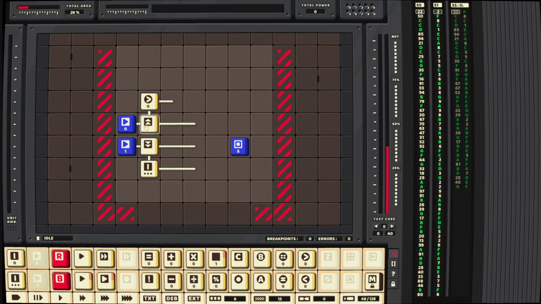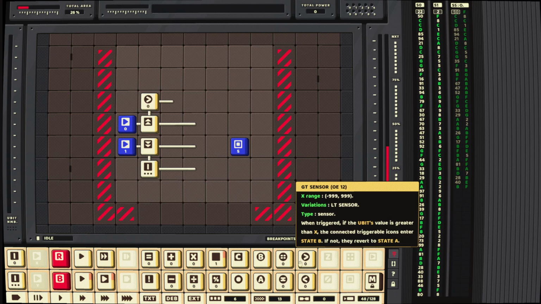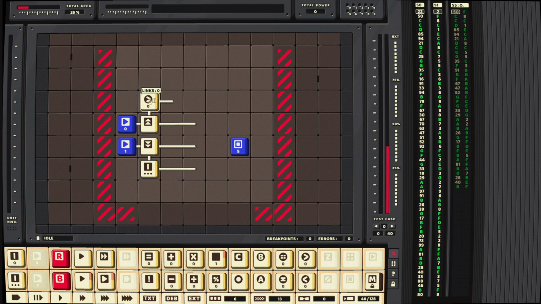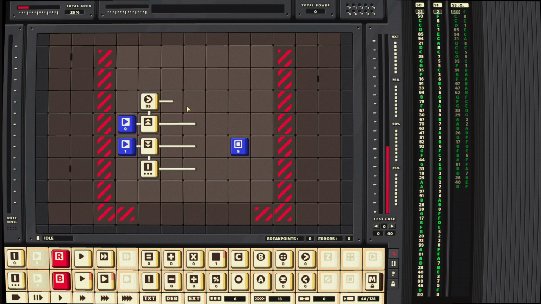Links 0? Oh, you're just saying it's not connected or something? There's nothing to, I guess. I don't know. Greater than 99, I think it said, right? So if this value is greater than 90, no, I actually want to do it the other way around. If it's less than 100, I want to throw them away.